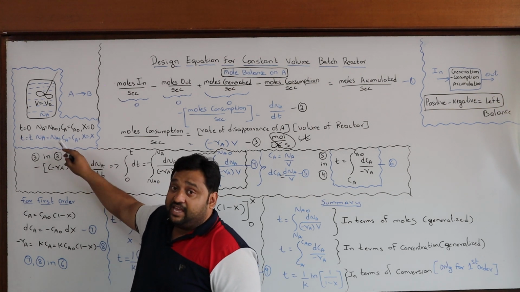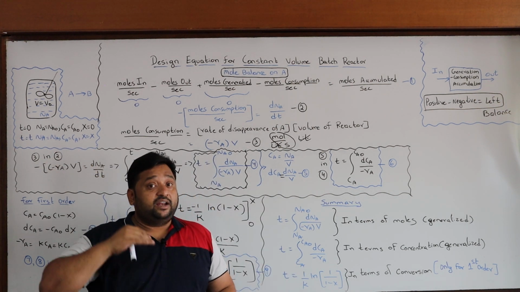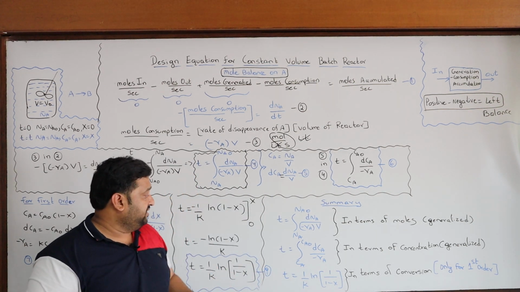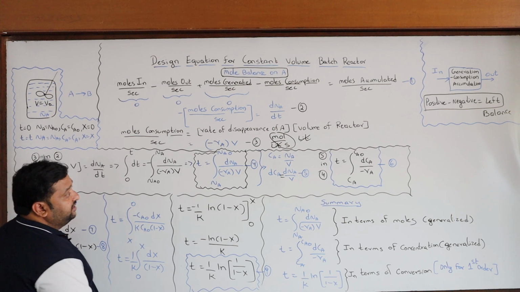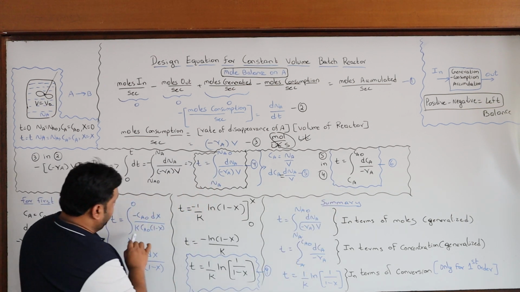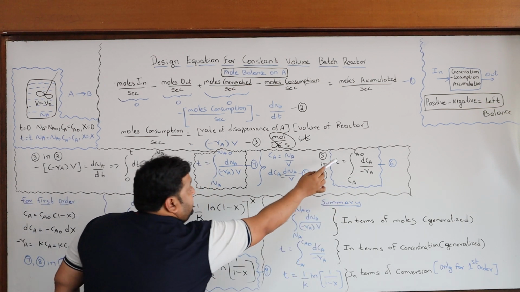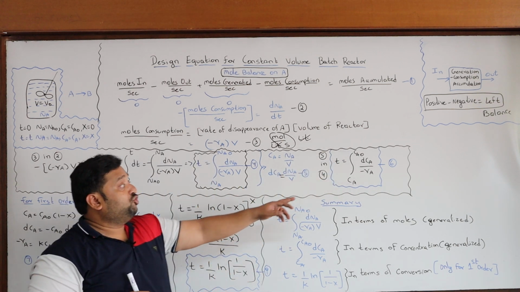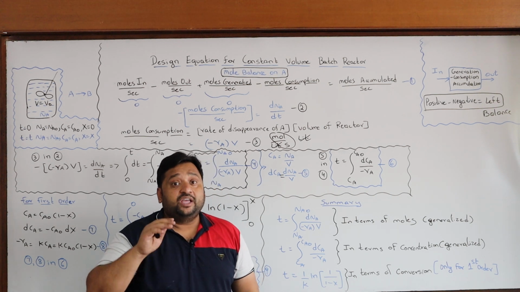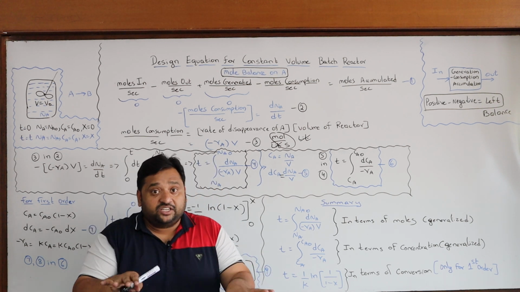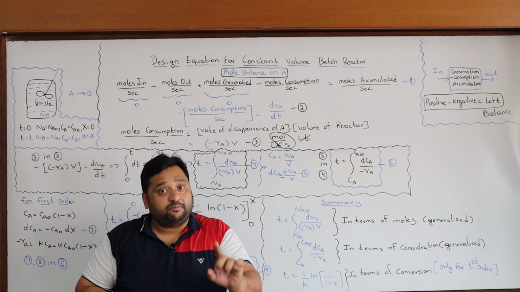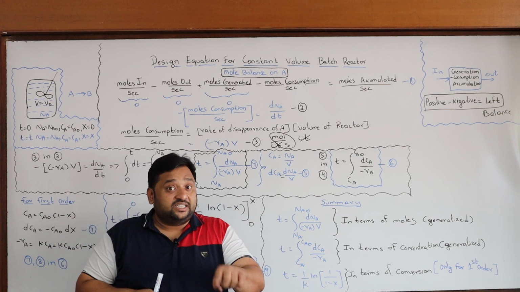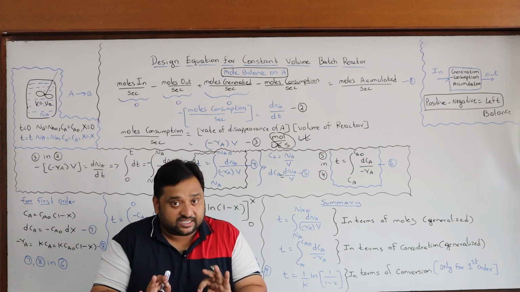At Ca, that means final concentration after the reaction, means certain conversion x. That means the limits, you can see the limits. Ca0 means initial concentration. That means before the reaction, the initial concentration is Ca0, at that time the conversion is 0. After the reaction, the final concentration is Ca, at that time the conversion is x.